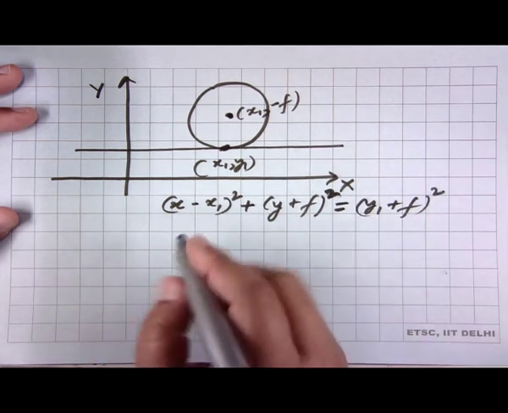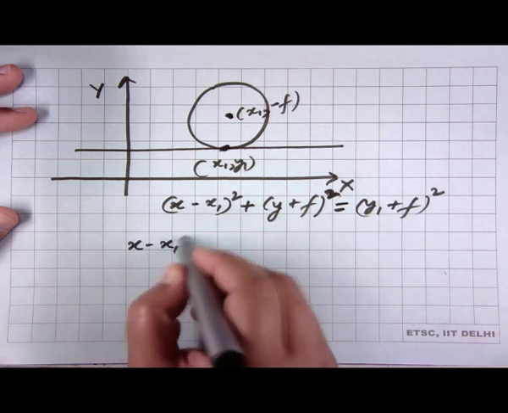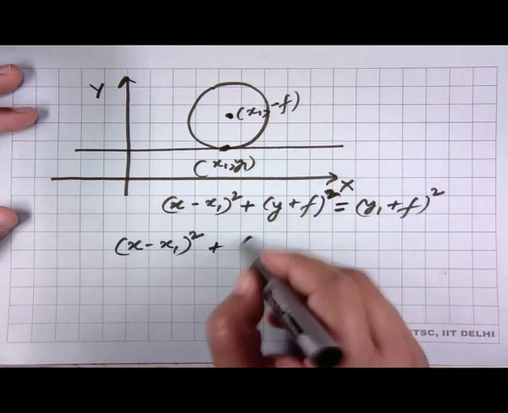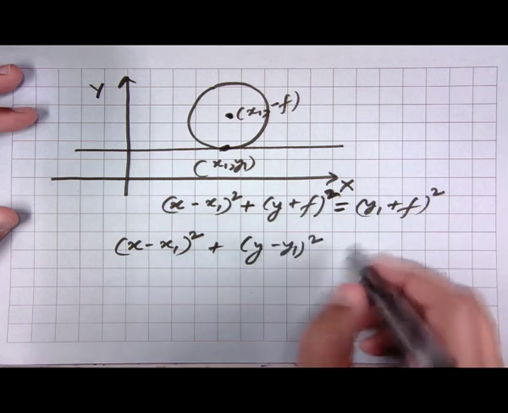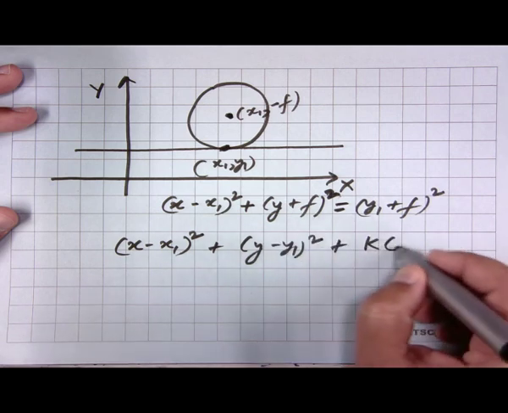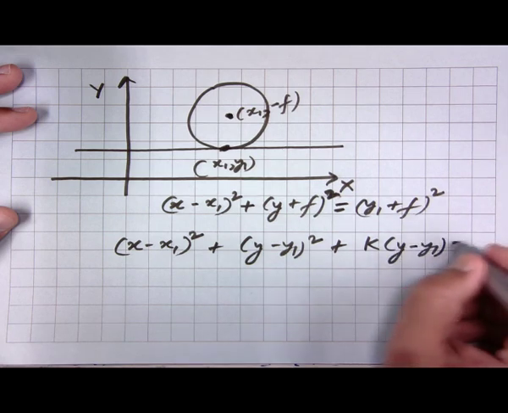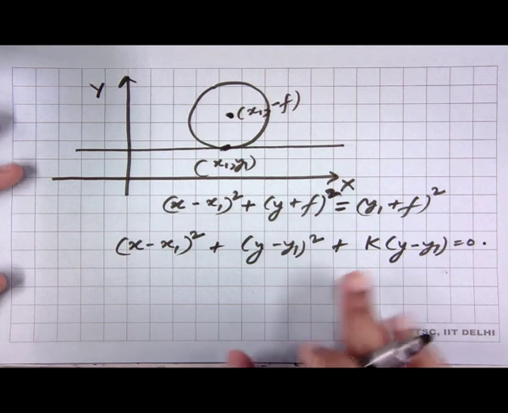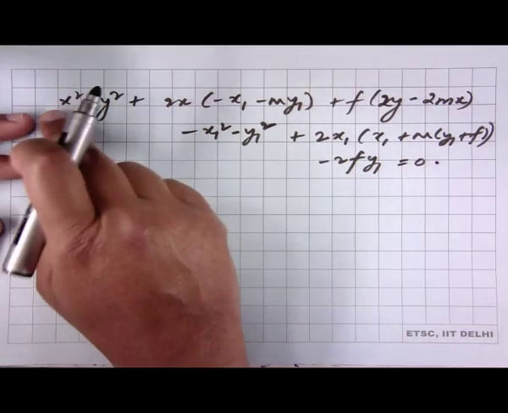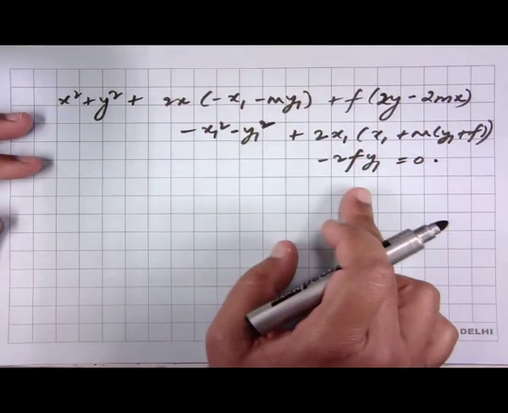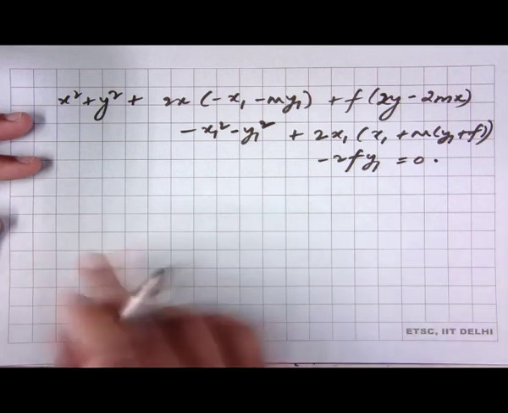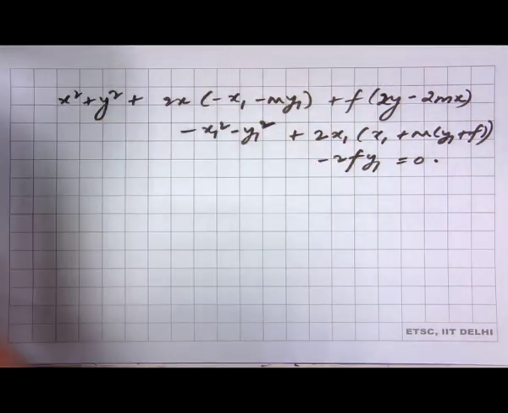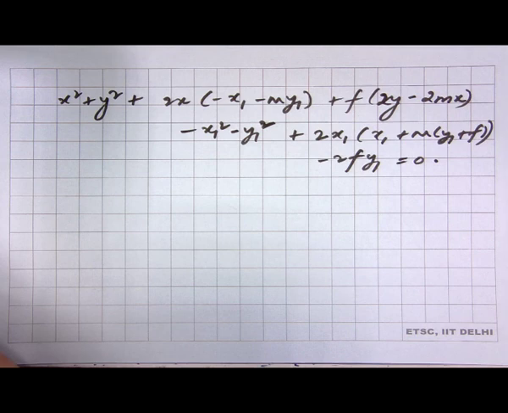Again, if we simplify this, we are going to get the equation of the family of circles to be of this type, where k is the free parameter. So, even if we go back to the general equation of family of circles which touches the straight line y minus y1 equal to m times x minus x1 at the point x1 y1, this is what we had derived.